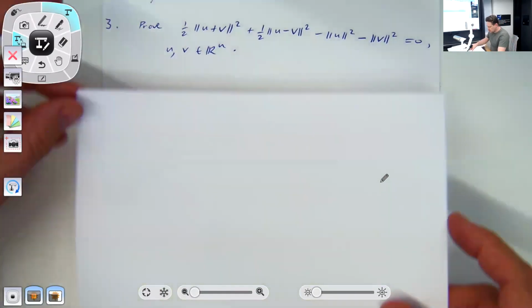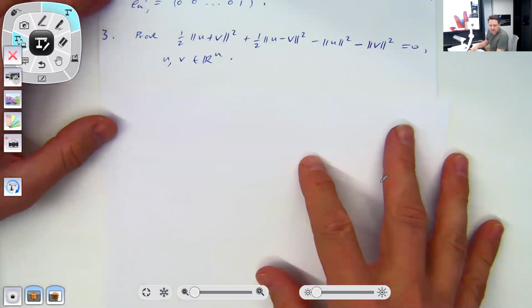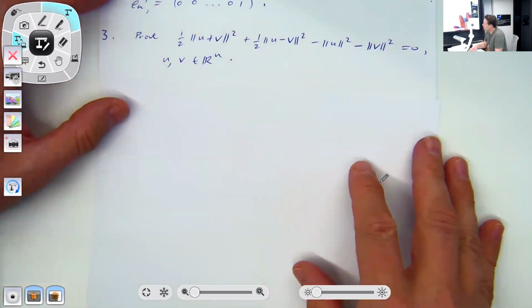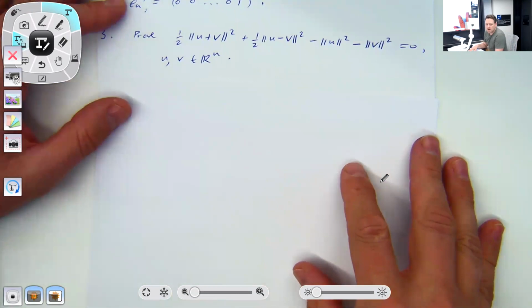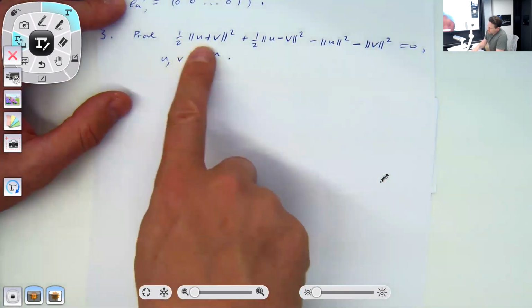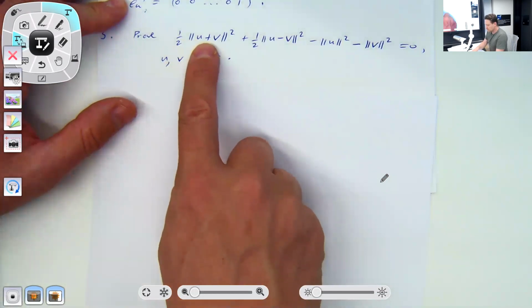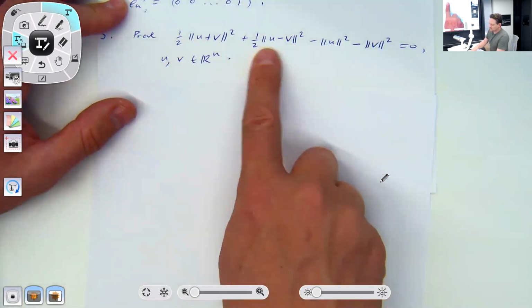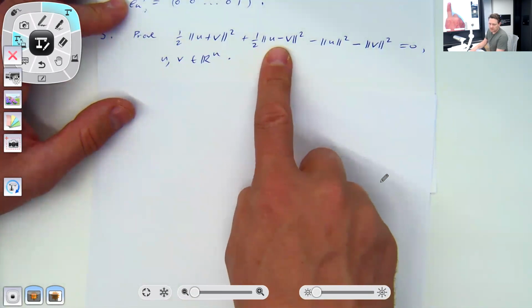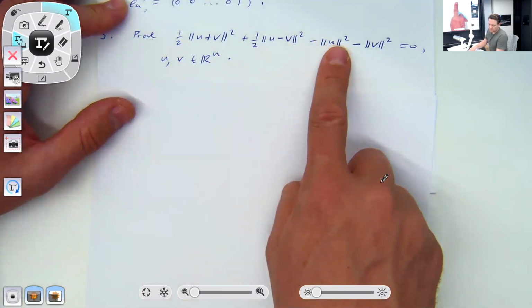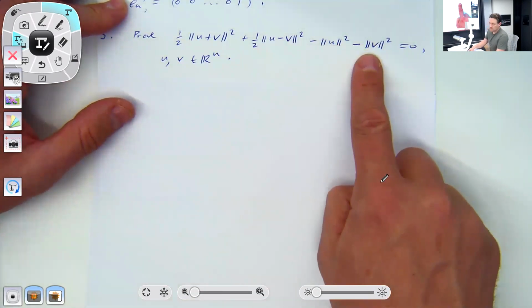Okay, so this one says to basically prove the parallelogram law. You can view it as 1/2 the square of the norm of u plus v, plus 1/2 the square of the norm of u minus v, minus the norm squared of u, minus the norm squared of v, equals 0.